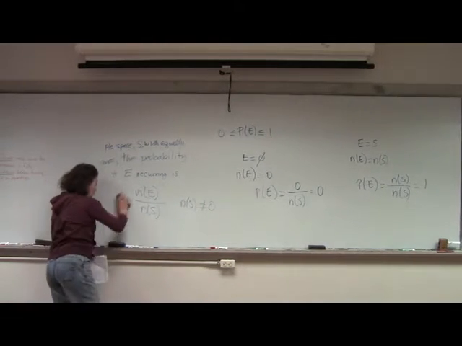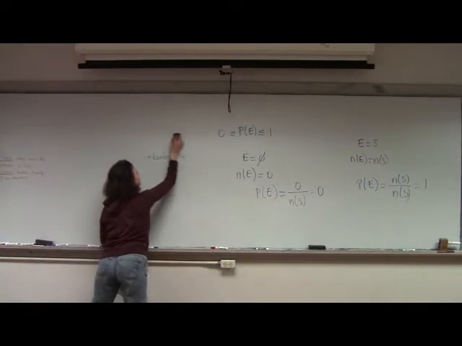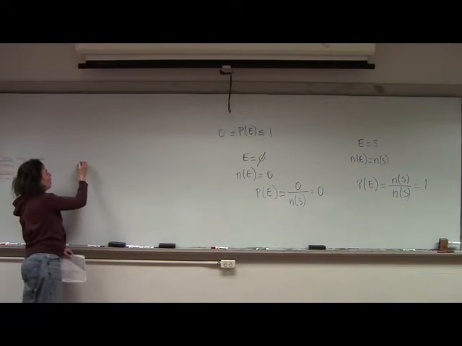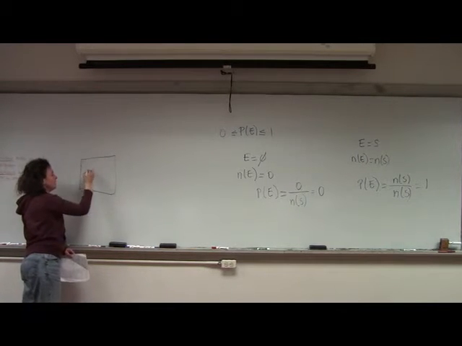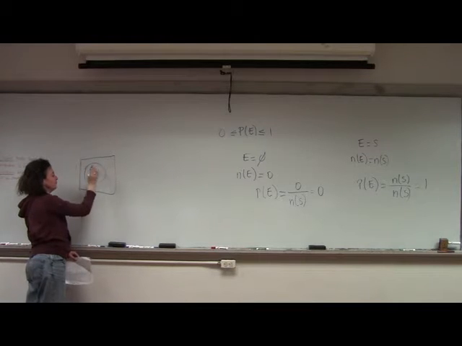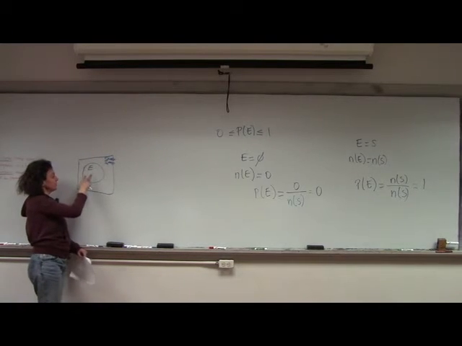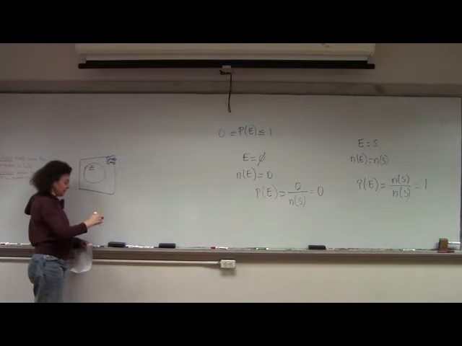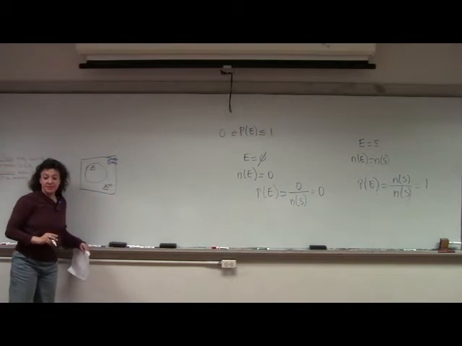Another little comment that I want to make here is the following. When we talk about various events, okay, my whole sample space is right here. Remember, we liken that to our universe. So I think you'd grant me, if E consists of everything that lives in this circle, E complement consists of everything outside of the circle.